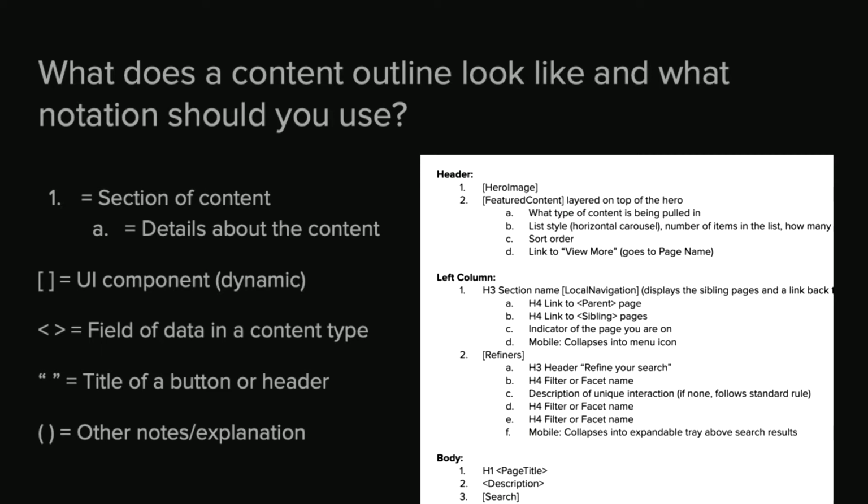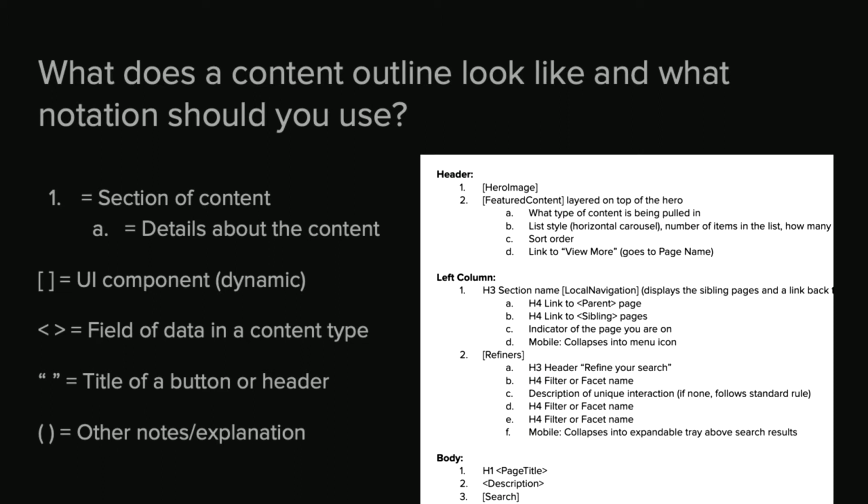And then I use straight brackets to represent dynamic UI components, and V brackets to indicate if there's a field within that component. Quotations I use if I am going to give names to things like buttons or pages, and then regular parentheses I use just to add in more notes.